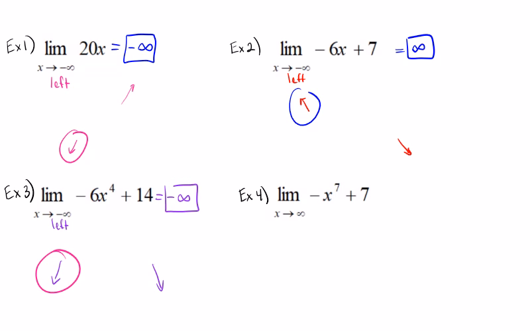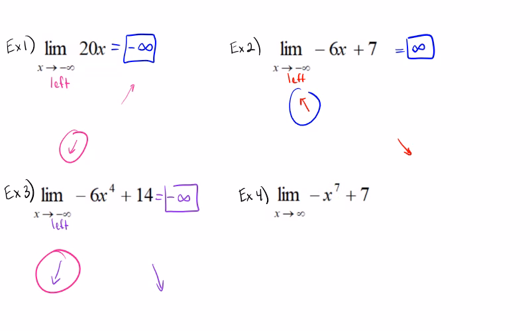All right, and then finally, example 4 here. So here we're plugging in positive infinity. Once again, we can ignore this plus 7 here, and so as we plug in numbers that are larger and larger in the positive direction, and we raise them to the 7th power, they'll still stay positive.